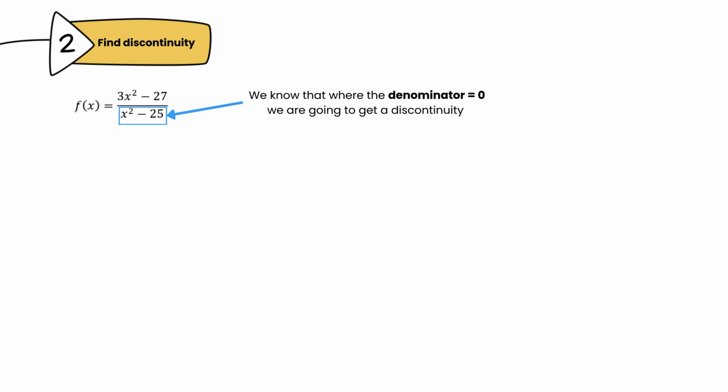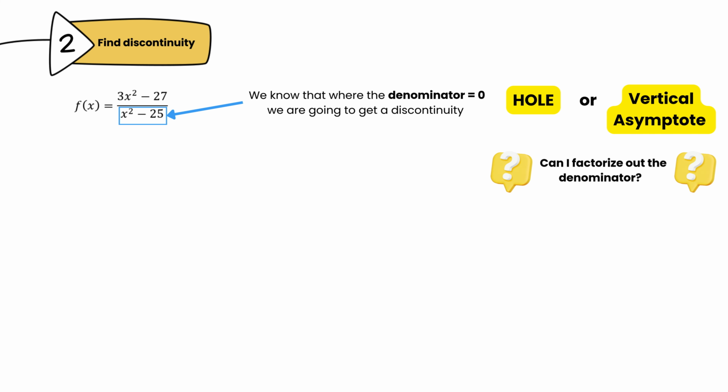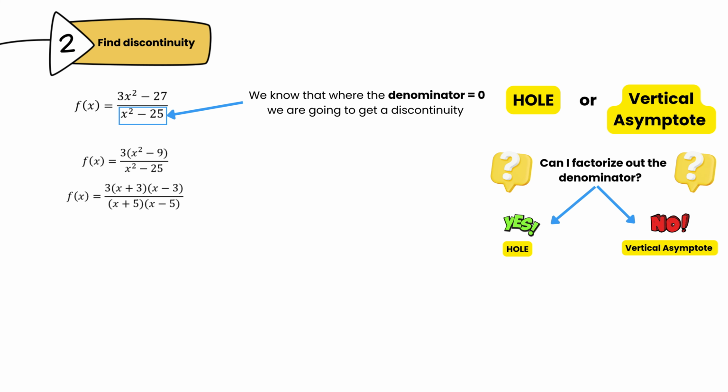Now we need to figure out whether these discontinuities are holes or vertical asymptotes. And to do that, we ask one key question. If we factor the function and the denominator cancels, it's a hole. But if we factor and the denominator doesn't cancel, then it's a vertical asymptote. When we factor the function, we get the following expression.